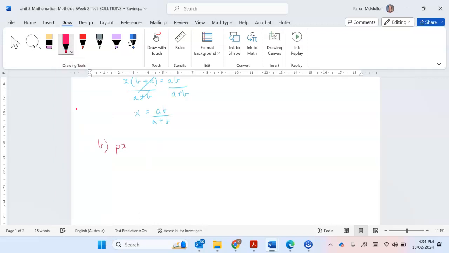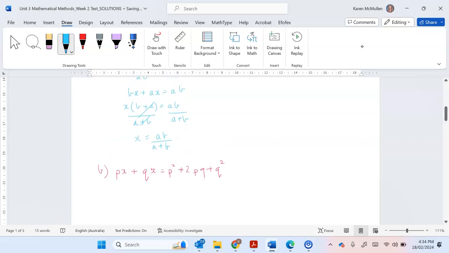P times X plus Q times X equals P squared plus 2PQ plus Q squared. I just realized then another common error I found was people cancelling things out. And you can't cancel out unless there's a common factor.